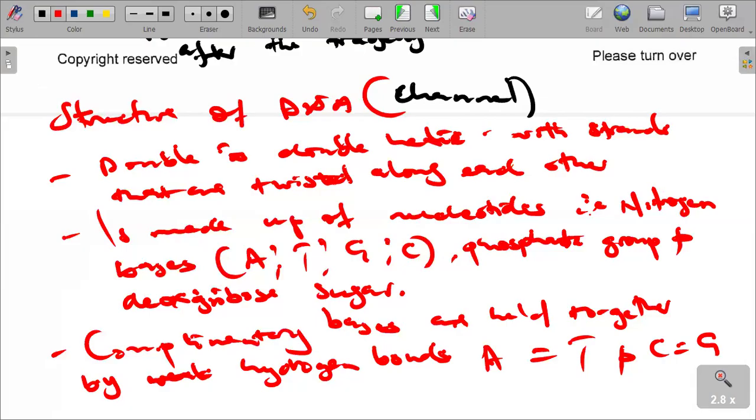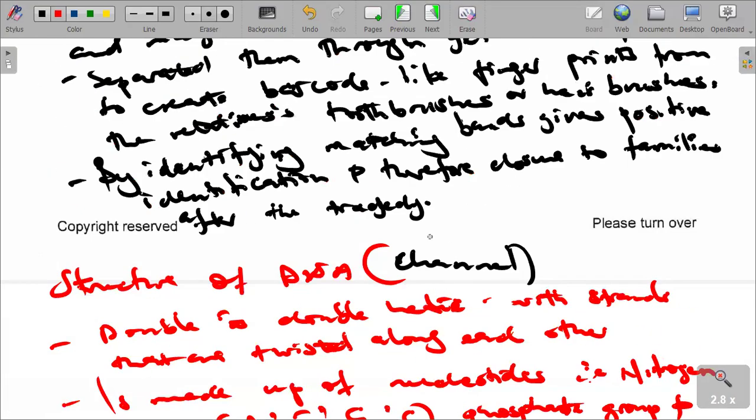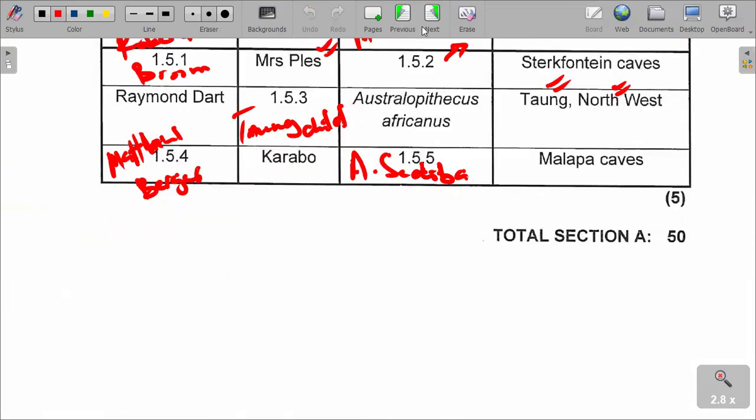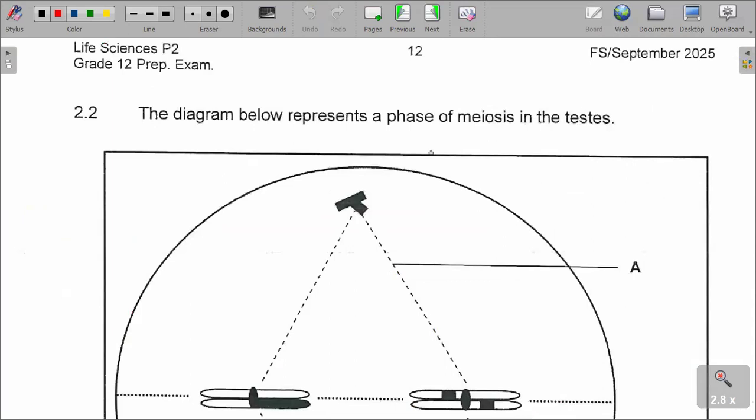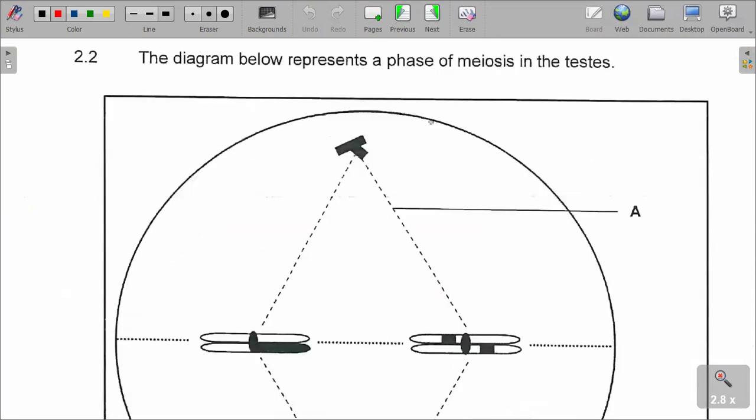So now, we go to the next question, which shows a diagram that represents a phase of meiosis.